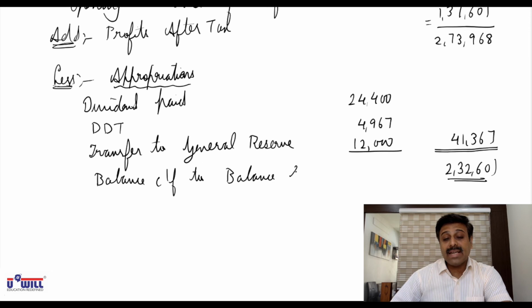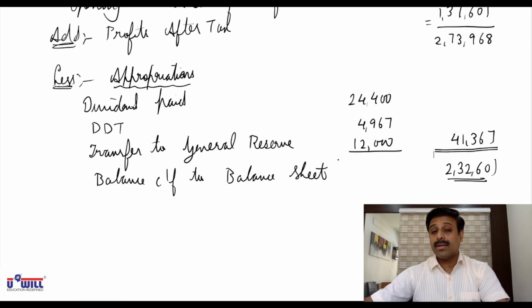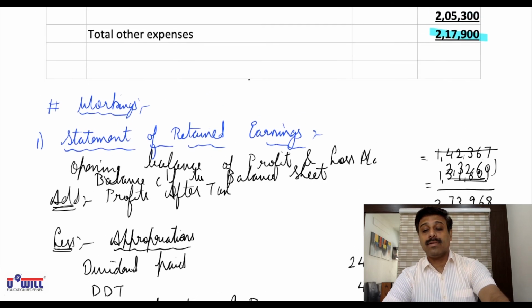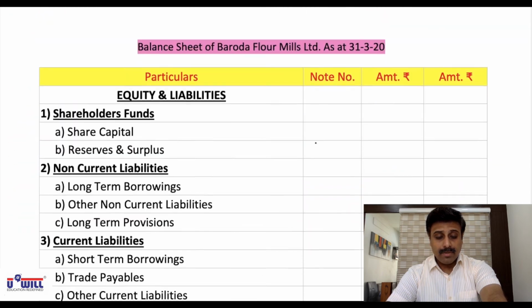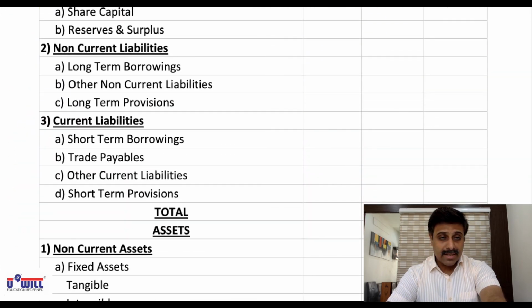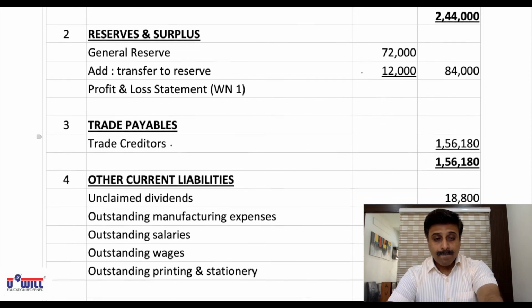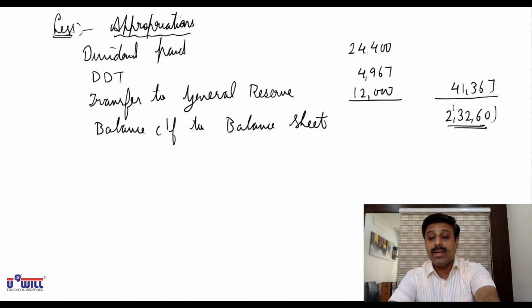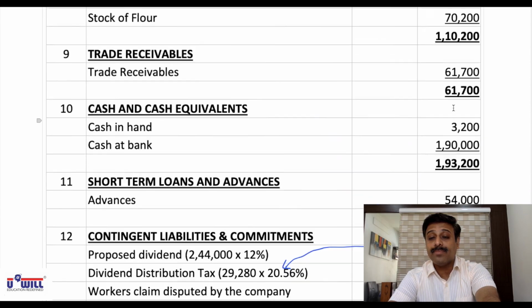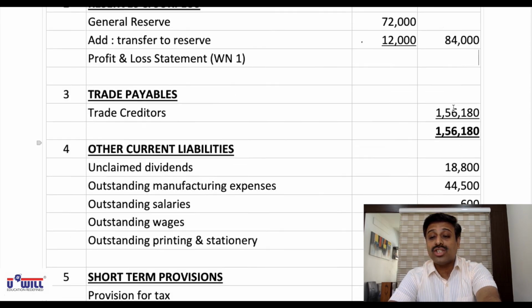Now from these items we will make the pending working notes, schedules first, notes first, and then the balance sheet. Which ones were pending in the notes? Note number 2, P&L statement from working note 1: 232,601.